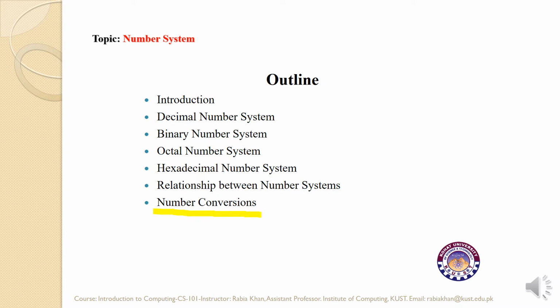Then we completed 3 conversions for binary number system, that include binary to decimal number system conversion, binary to octal number system conversion, and binary to hexadecimal number system conversion, that collectively make 3 conversions for binary number system.